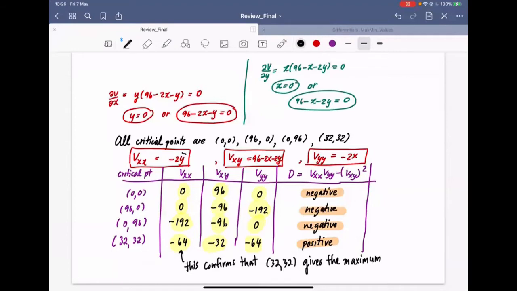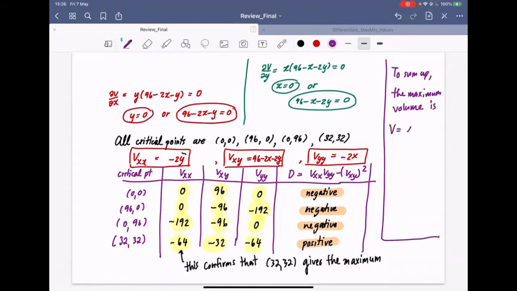Okay, and now you can find the maximum volume of the box. To sum up, the maximum volume is V equal to x times y times c, with x equal to 32, y equal to 32.